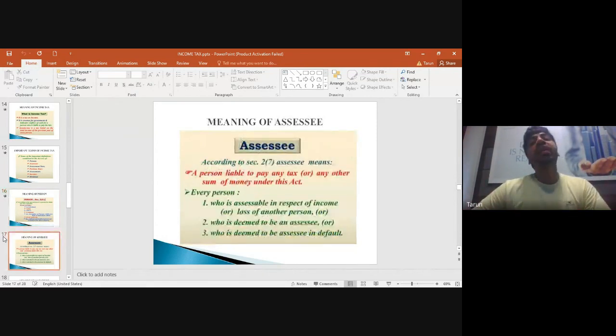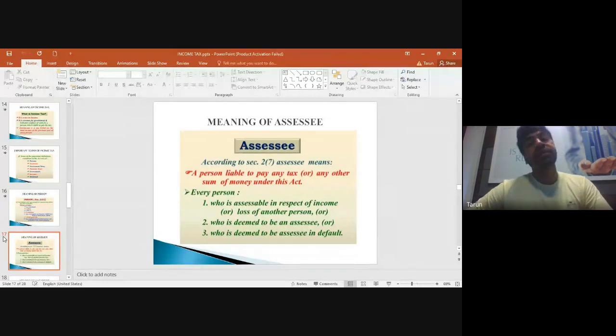Next one is the meaning of assessee. The meaning of assessee is under section 2, subsection 7. An assessee means any person who is liable to pay any tax or any other sum of money under this act.